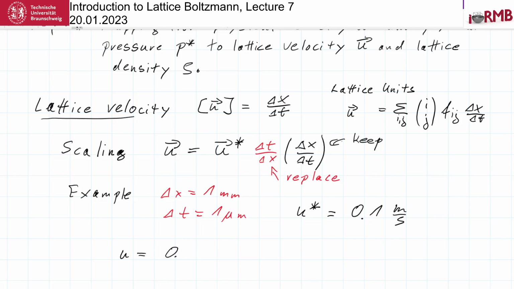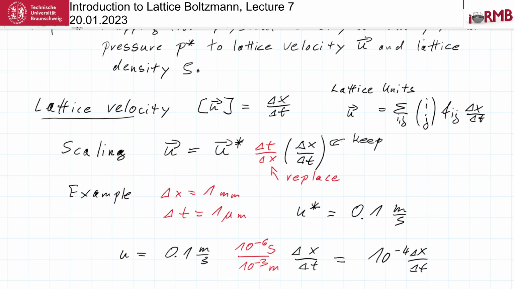Here we replaced our delta t, which is 10 to the power of -6 seconds, and this divided by delta x is 10 to the power of 3 per meter, times delta x and delta t. The last one we keep, and this obviously is 10 to the power of -4 delta x by delta t. So this is the way we do it.